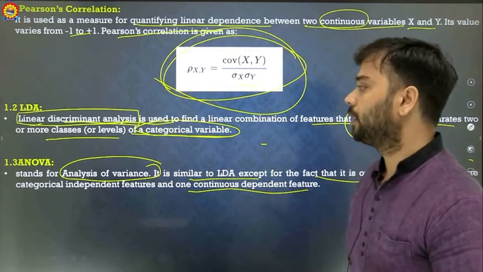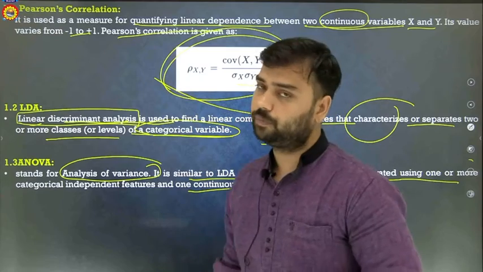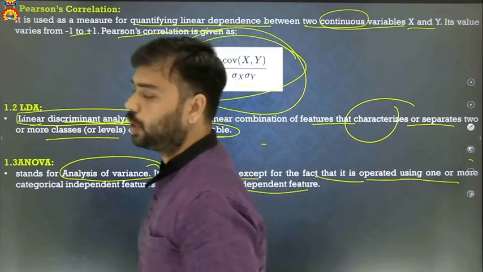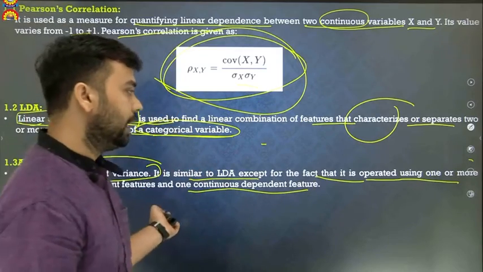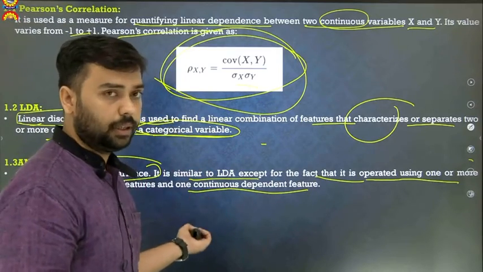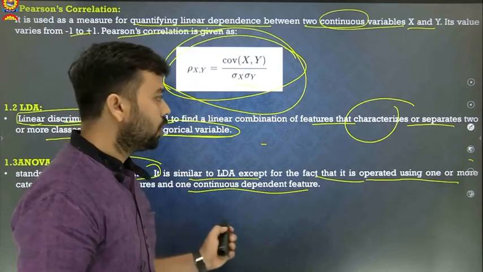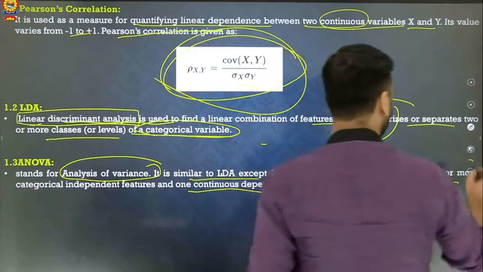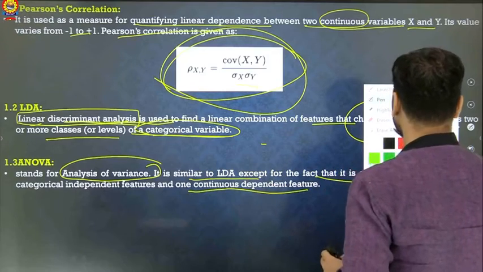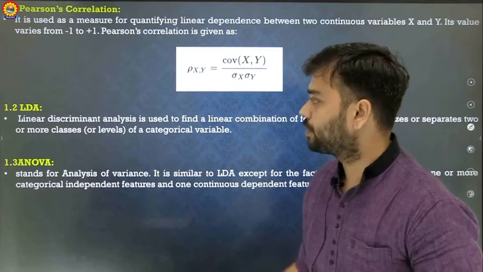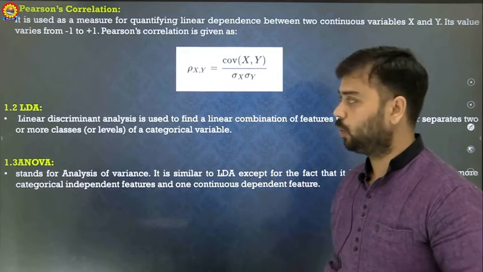On that, we are simply finding the subset of the features. So it takes both continuous and categorical values, and it produces the ranking of the features so that we can select the particular features. Okay, I hope you understand this concept. So we discussed Pearson correlation, we discussed LDA, and we discussed ANOVA.